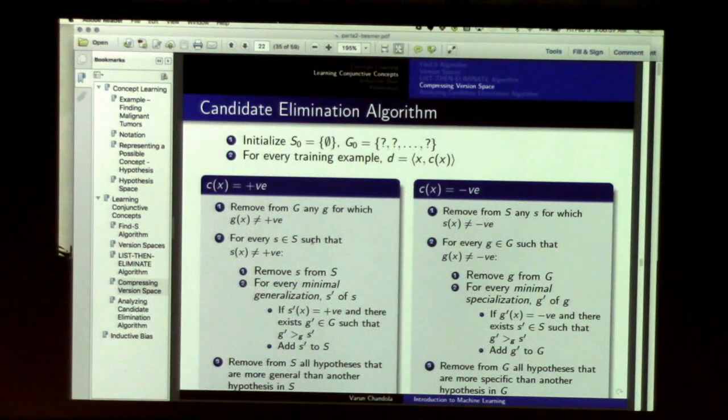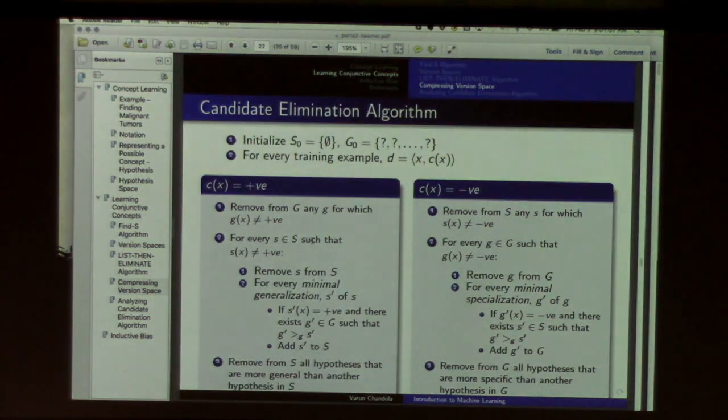All right, so this is the candidate elimination algorithm. It has a bunch of steps, and it's essentially a program that you can easily write. But let's go through an example. I'm going to switch to our document camera. Let's say we are again looking at our 5-dimensional data set, which is for tumors.